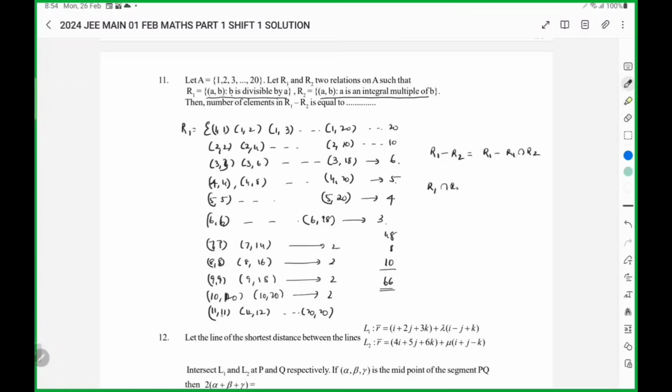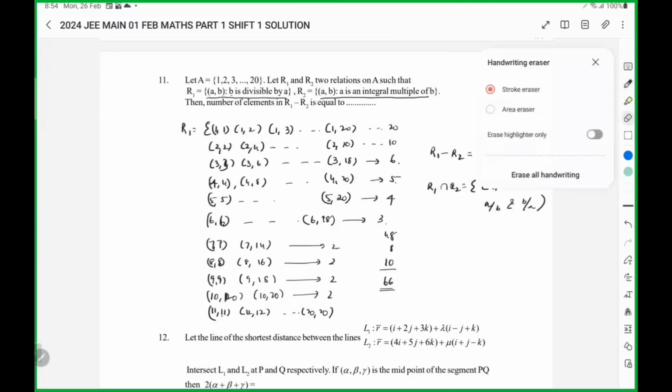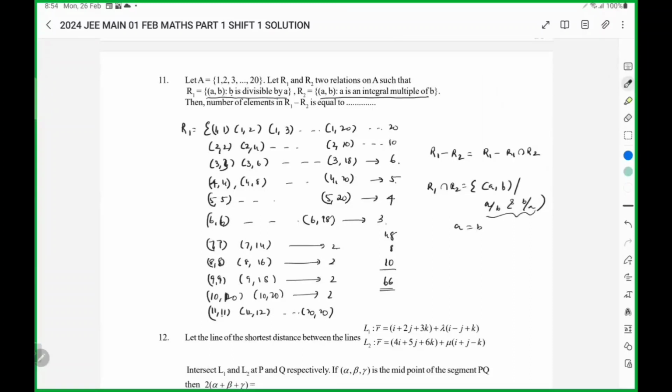R1 intersection R2 means the set of all ordered pairs such that A is divisible by B and B is divisible by A. This is possible only when A equals B. A equals B means here you have 1, 1, 2, 2, up to 20, 20.